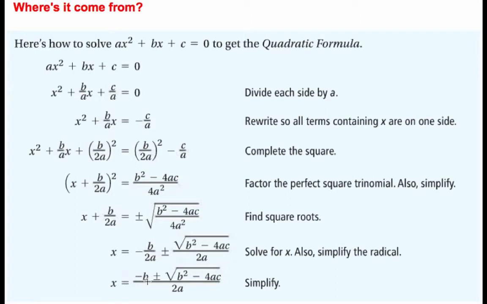So we get negative b plus or minus the square root of b squared minus 4ac all over 2a equals x. So that's where it comes from: taking our standard form set equal to 0 and solving for x. You can see a couple of the tools that we've learned in this unit, completing the square and solving using square roots, come in handy to derive the quadratic formula.